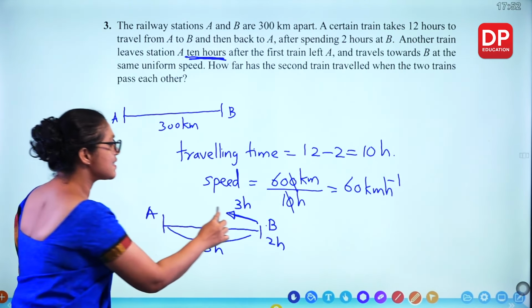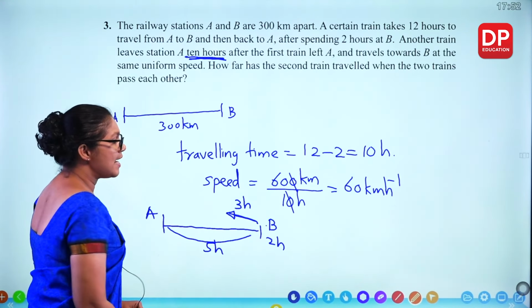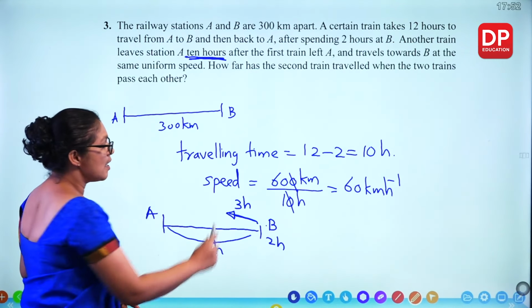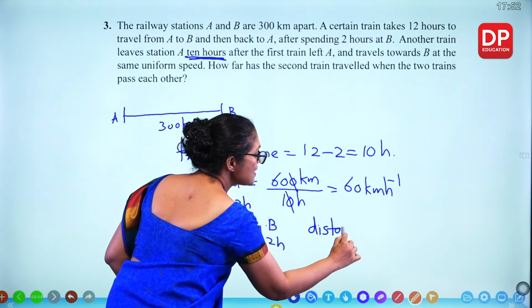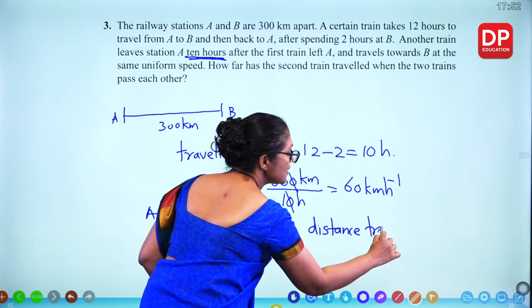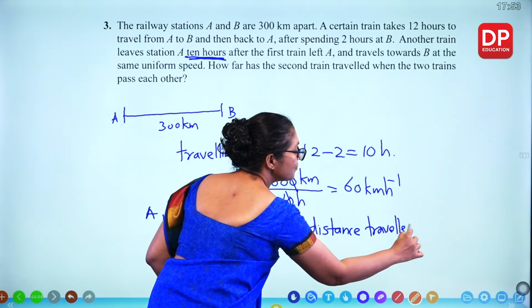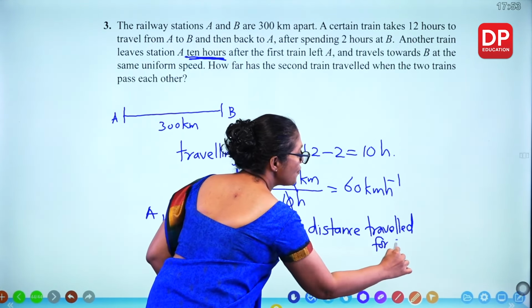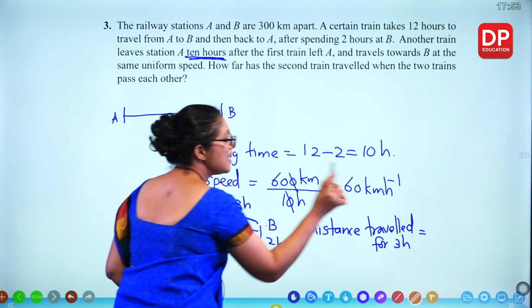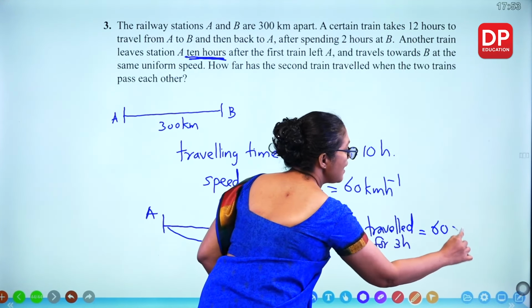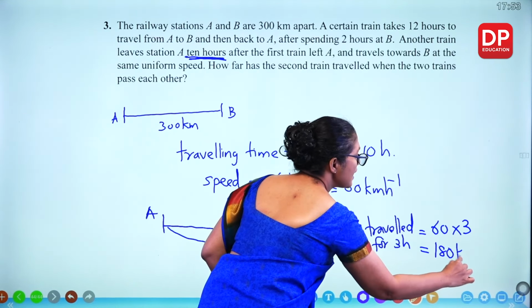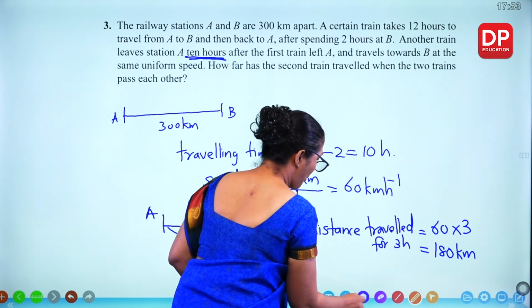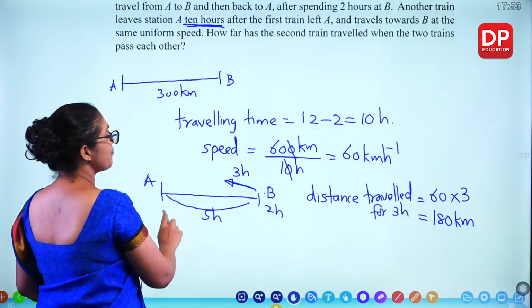So what's the distance traveled by that train? For 3 hours, speed is 60 and hours is 3, so 180 kilometers traveled. Now look at the diagram.